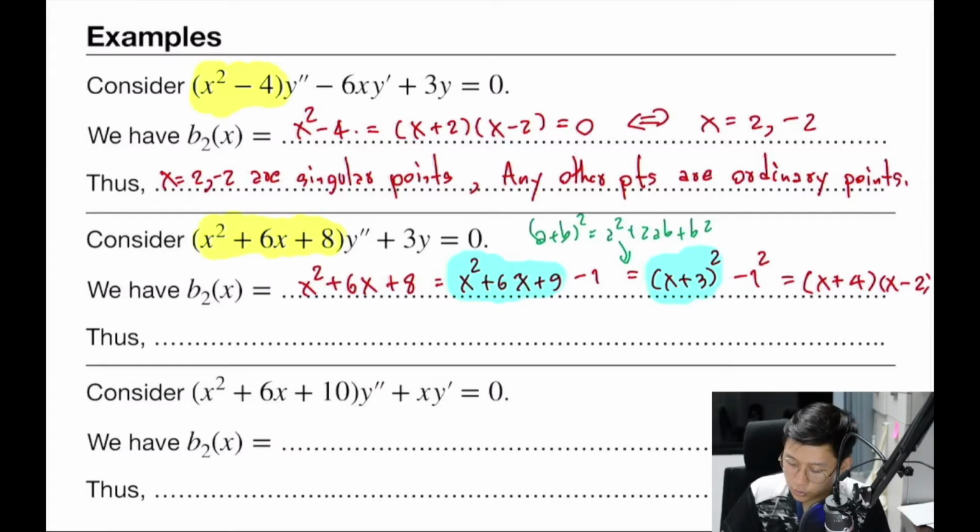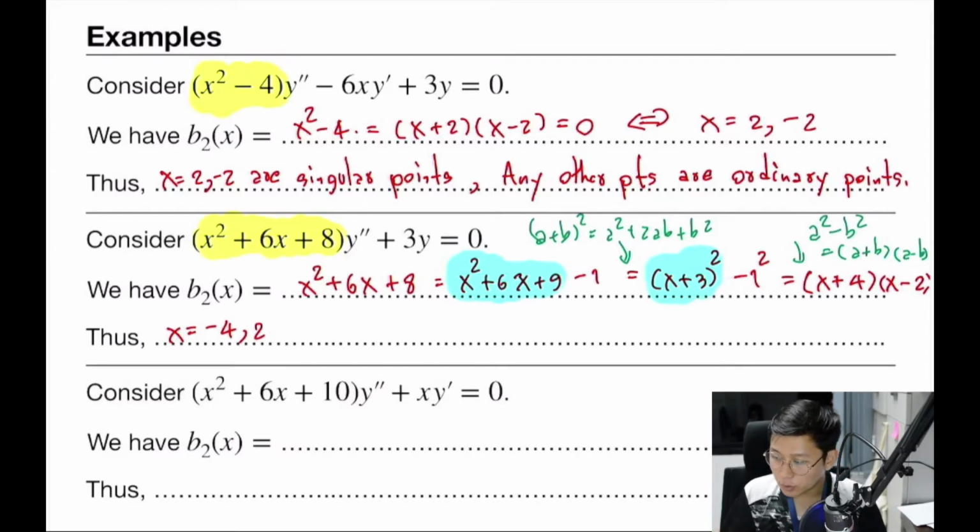So you get x plus 4 and x minus 2. Here you use a squared minus b squared, so you get a plus b, a minus b. A plus b would be x plus 3 plus 1, which is x plus 4. And then x plus 3 minus 1 is x minus 2. Okay, a plus b, a minus b. Good. Okay, so we have that x equals minus 4 and 2.